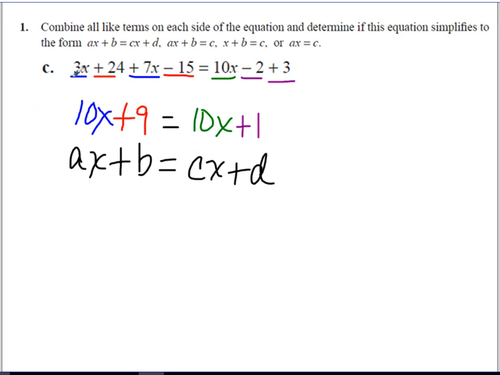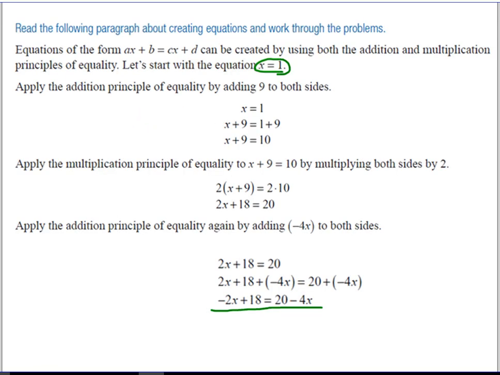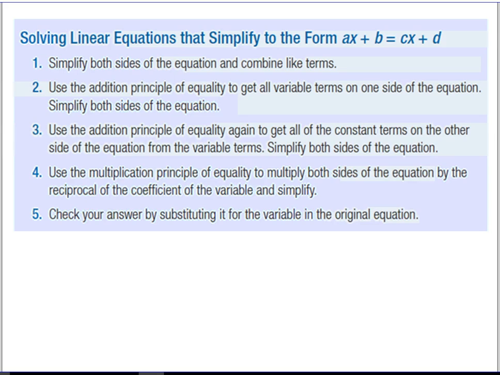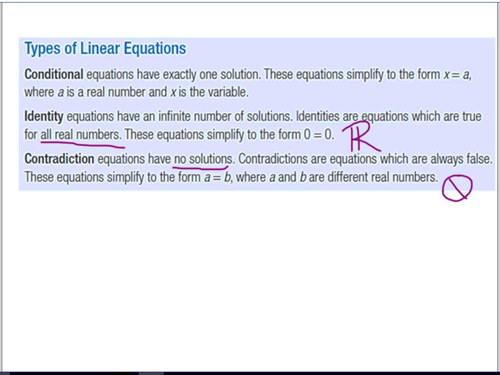No matter what number we try and choose for x, we're not going to get something that gives us a true statement. So again, 3 different types of possible answers: either one number, every number would work with all real numbers, or no number would work for no solutions.